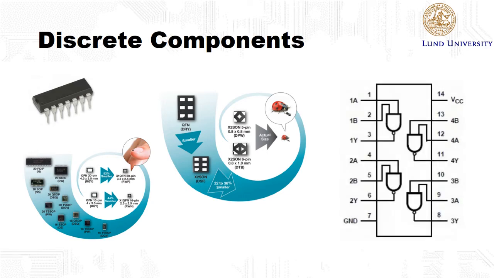Discrete components are manufactured as integrated circuits, and each package usually contains 4 to 6 gates of a certain type. For example, the IC 4700 contains 4 2-input NAND gates. However, it is also possible to find ICs which only contain a single gate or flip-flop.